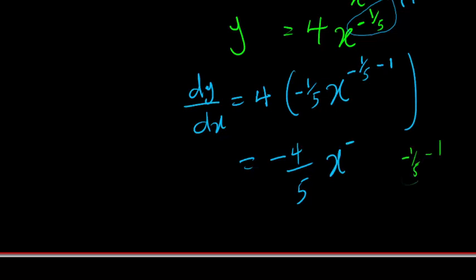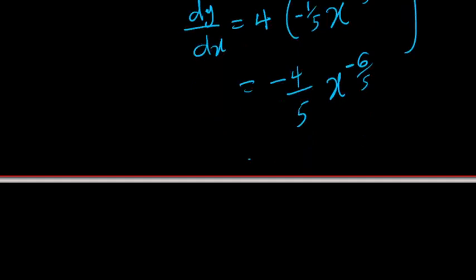Once you have 5, you can write 1 as 5 over 5. So you have minus 1 over 5 minus 5 over 5. That's minus 6 over 5. So finally we have minus 4 over 5 x raised to power minus 6 over 5.